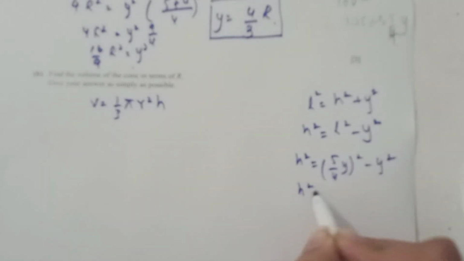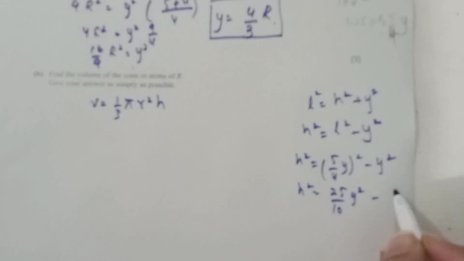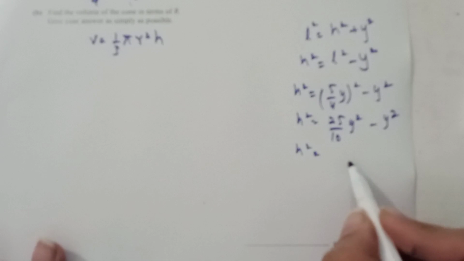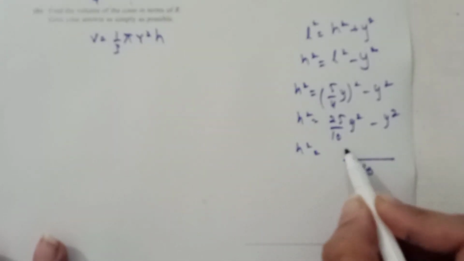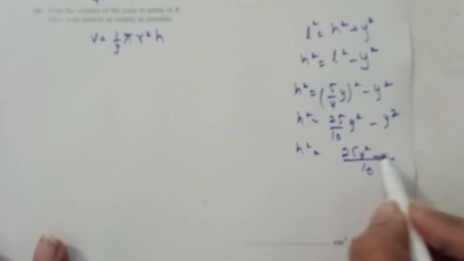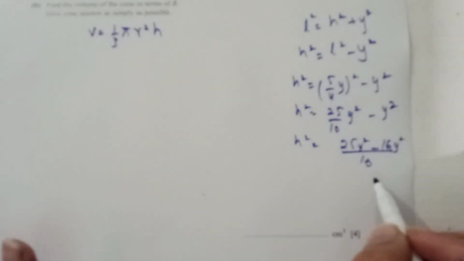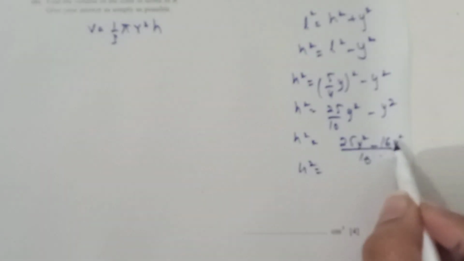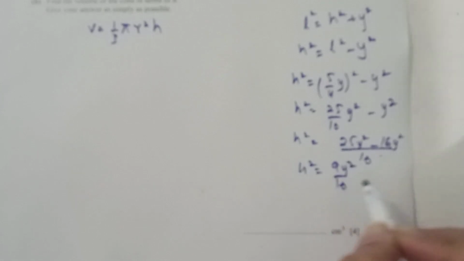So h square is 25 by 16 y square minus y square. By taking the LCM 16, we subtract, and we get h square as 9 y square over 16.